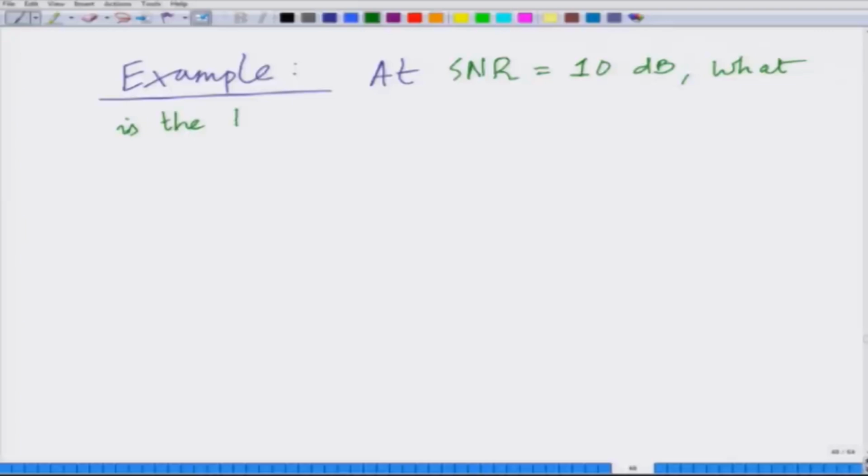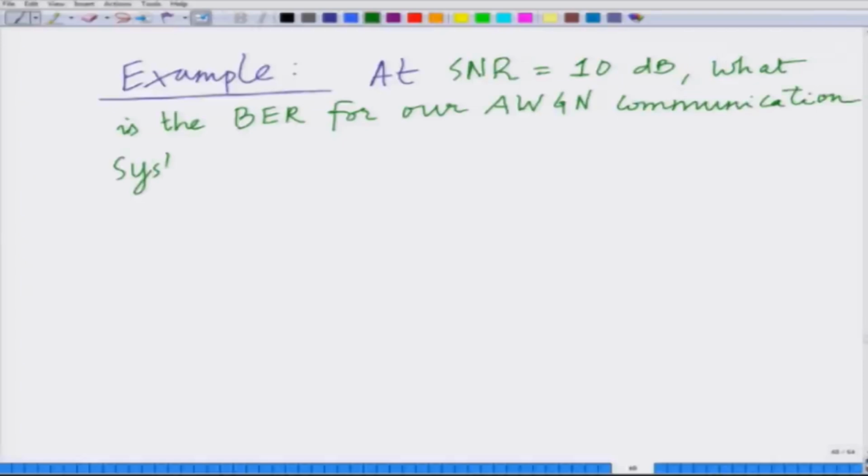What is the BER for our AWGN communication system with BPSK modulation?